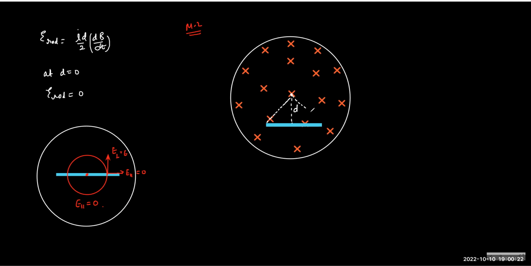So you can make a closed loop, and this closed loop is like a triangle.